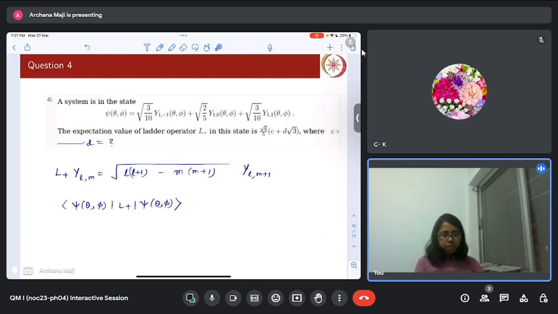So first what you should do is act this ladder operator L plus on this state, and then whatever you get, take inner product of that with this state again.